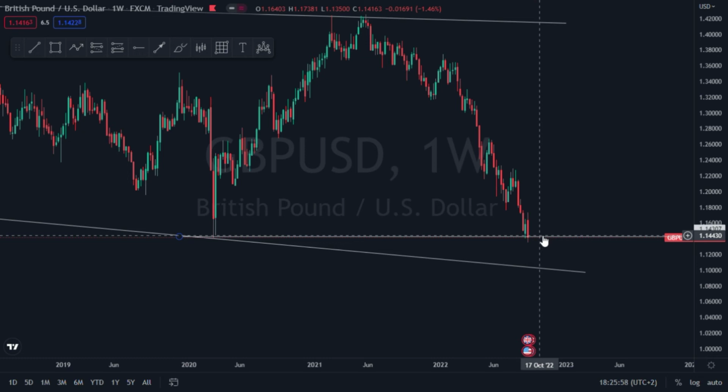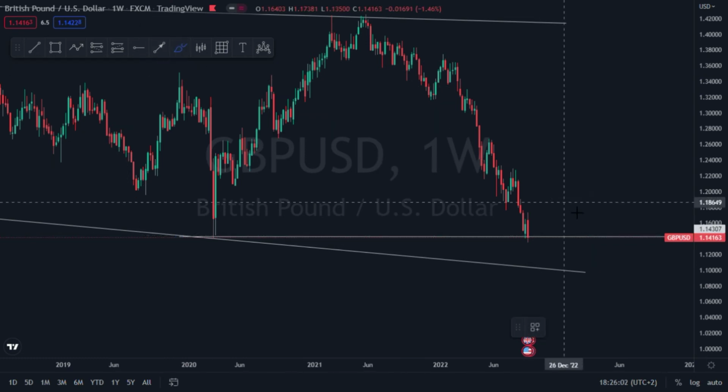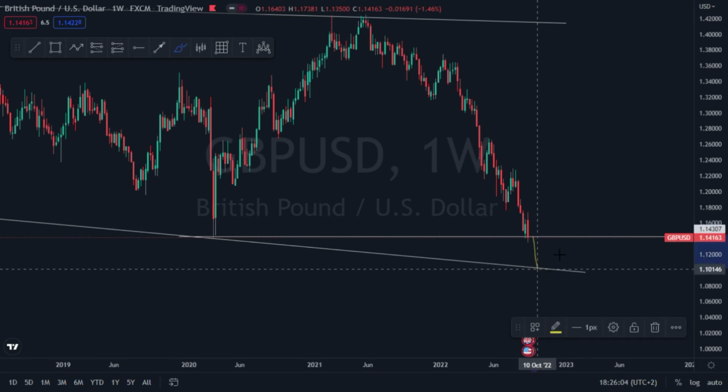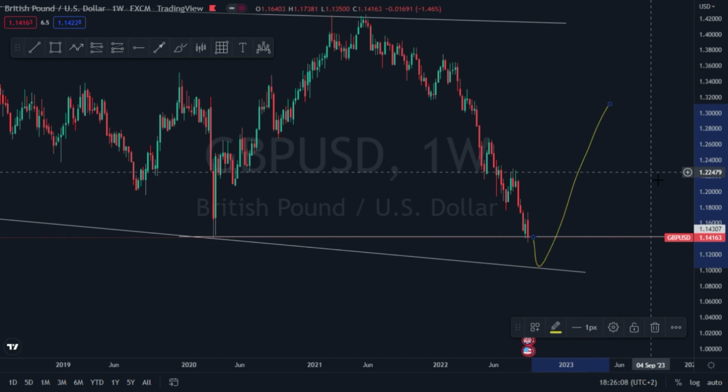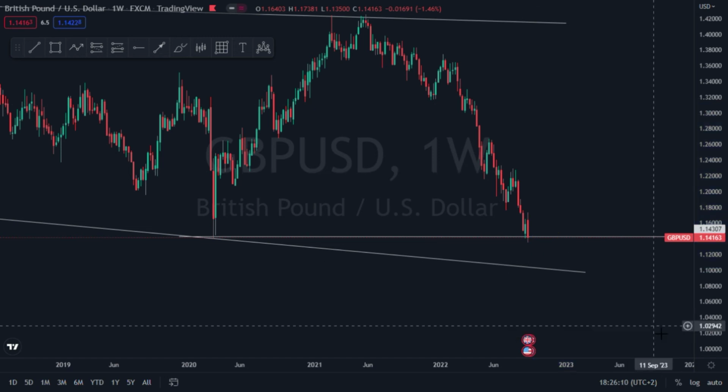That will be the market confirming that, okay, now I'm just gonna push back up. So that is what I'm expecting from this GBPUSD on this weekly time frame.